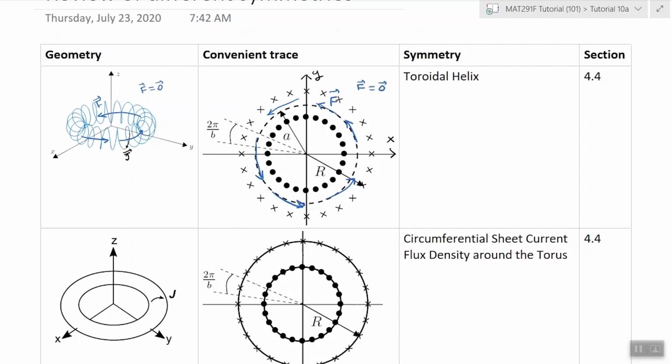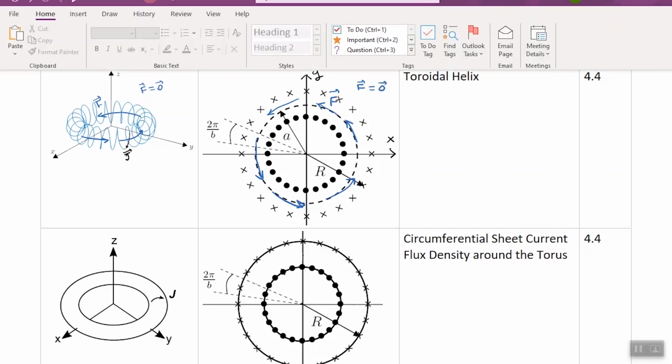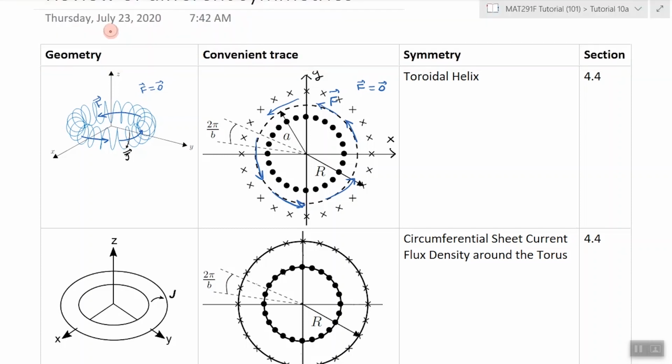Now, the contour that you would select for this problem is going to be the one that captures the current nicely. So the normal vector to the corresponding surface would be in the same direction, or would be aligned with the current.